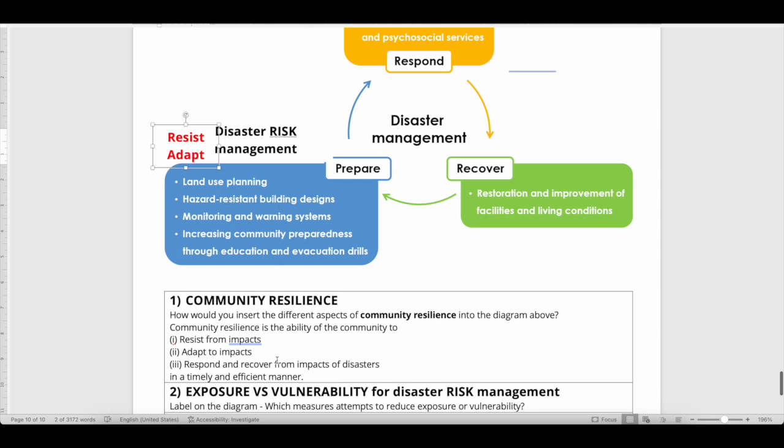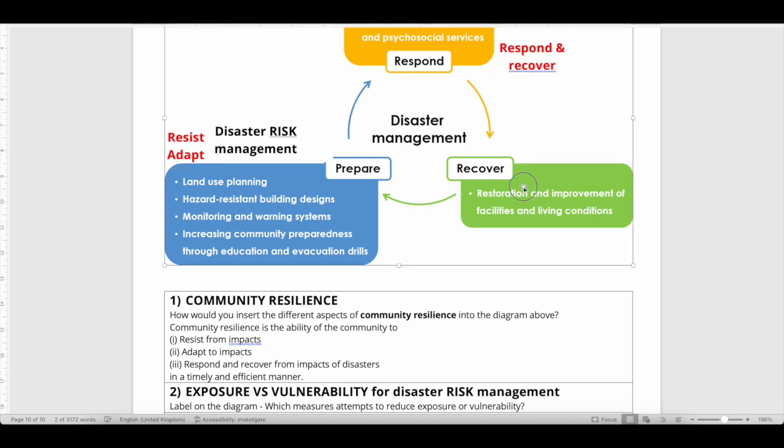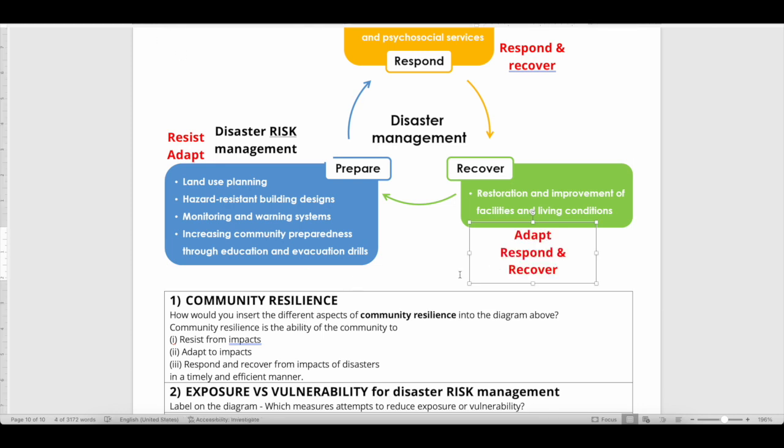Respond and recover, I think it's quite straightforward. Respond and recover goes to the responses and the recovery one as well. And then of course recovery, there's some form of adaptation because you're trying to recover using ways that will help you resist the disaster risk next time. So you adapt a bit here to go on to here.